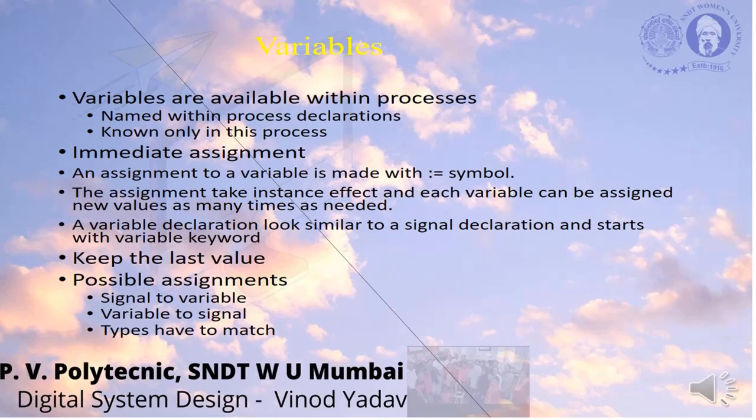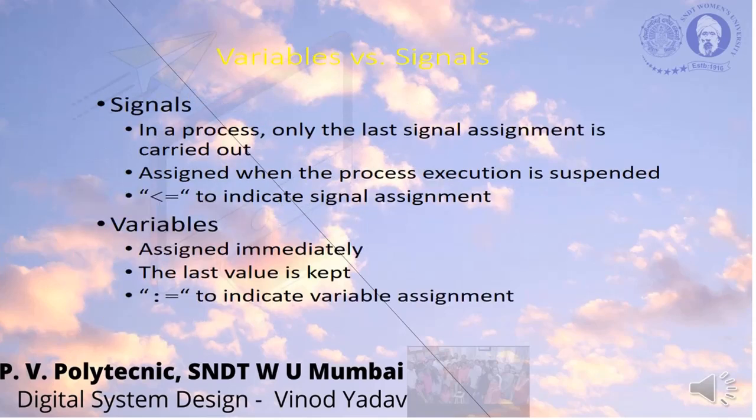In a process, in the case of signals, only the last signal assignment is carried out, when the process execution is suspended. If you talk about a variable, it will be assigned immediately. You will not wait for complete execution of a process. The last value is kept as the value of that variable, and this is the way to indicate assignment.